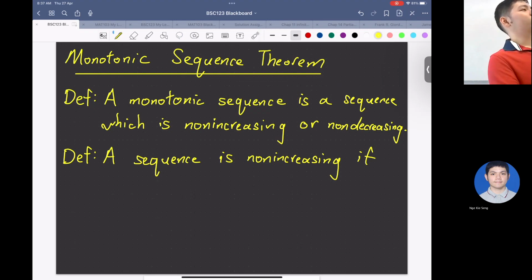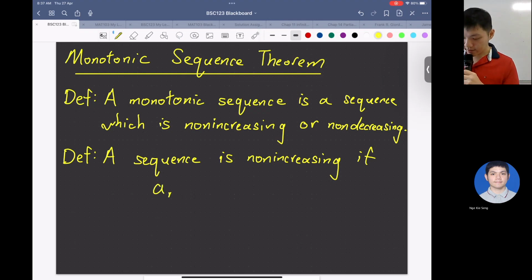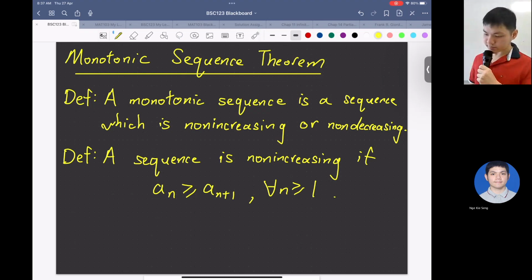So it either goes down or stays still. How to talk about this in mathematics? We will say that a_n is greater than or equal to a_(n+1) for all n. The previous term is greater than or equal to the next term.